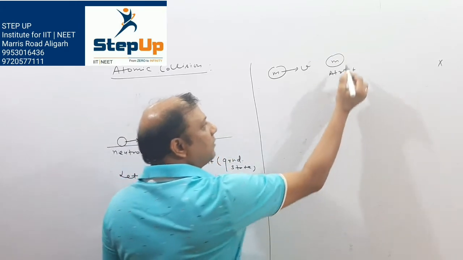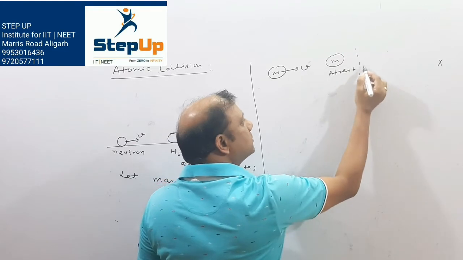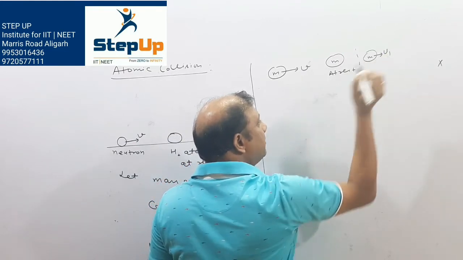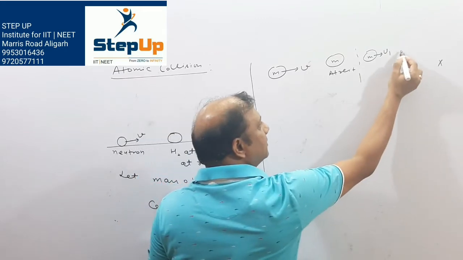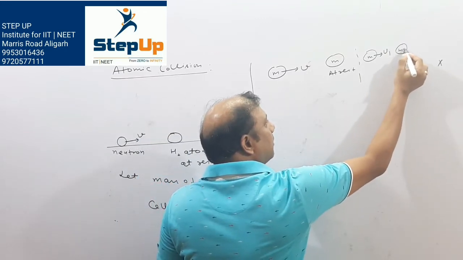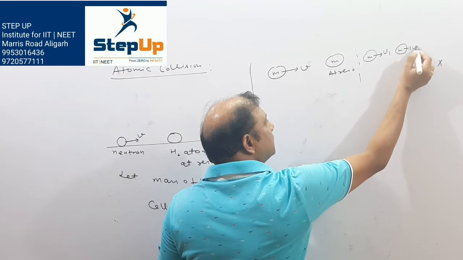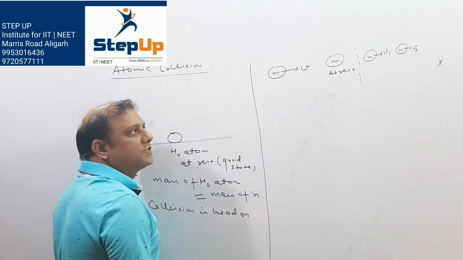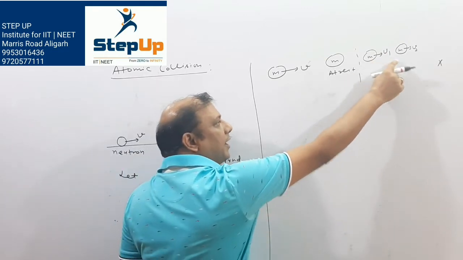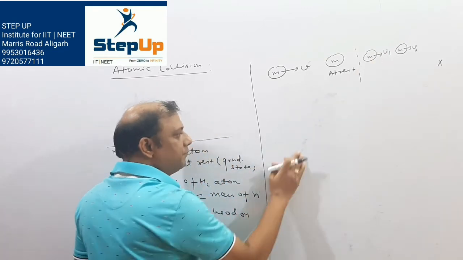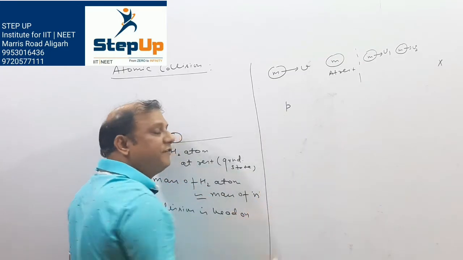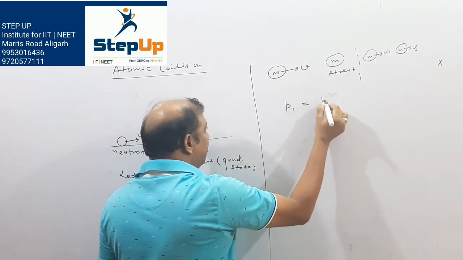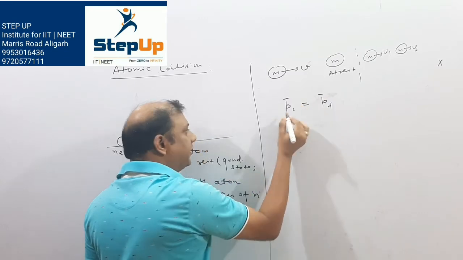After collision, suppose the neutron moves with v1 and the hydrogen atom moves with speed v2. So v1 and v2 are the speeds of the neutron and hydrogen atom after collision. In every type of collision, momentum is always conserved, so initial momentum is equal to final momentum.